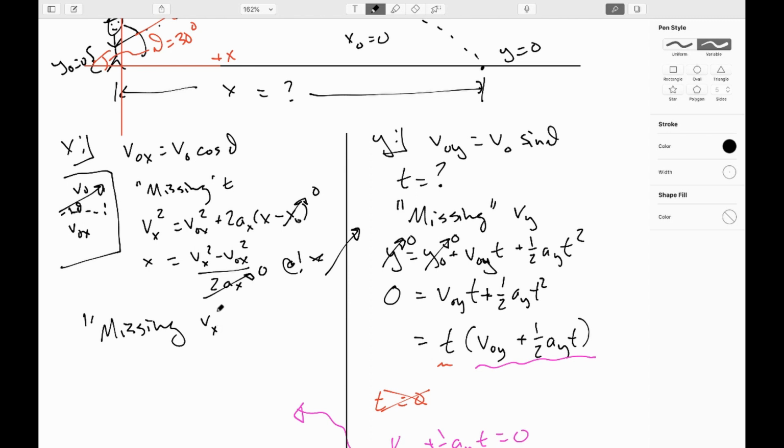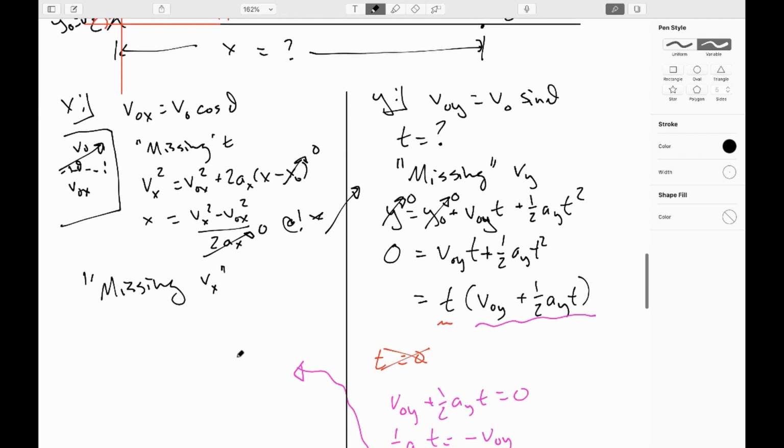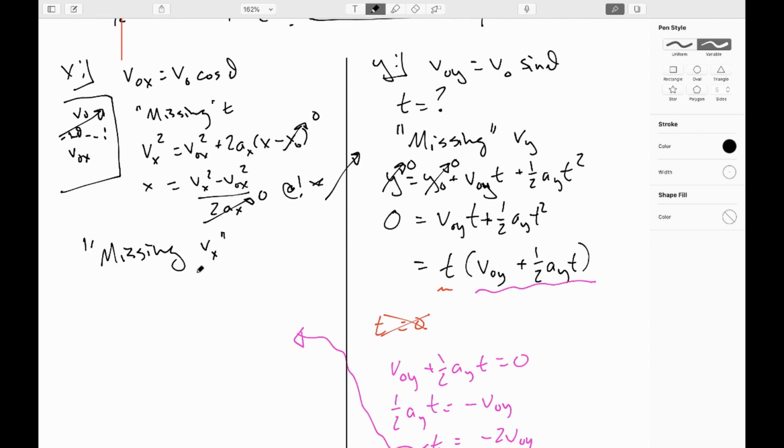In fact, you can see that we would have had a problem here even if we knew ax, because vx was something we weren't provided. You can very quickly convince yourself it's equal to v naught x, so then this is 0 over 0, which is even uglier. But anyway, so now we can go ahead and use the missing vx equation.